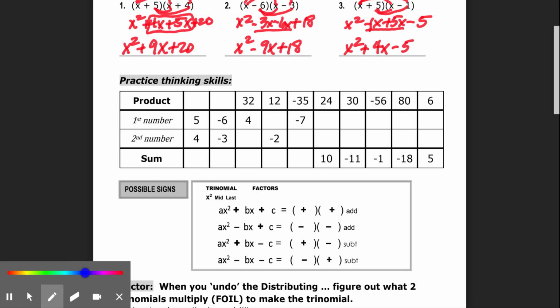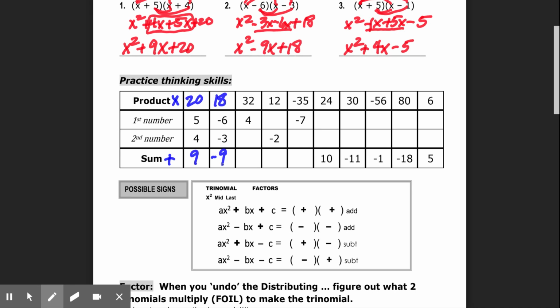So 5 plus 4, the sum, gives us 9. The product gives us 20. Negative 6 times negative 3 is 18. Negative 6 plus negative 3 is negative 9.